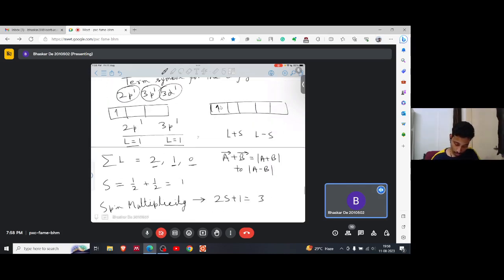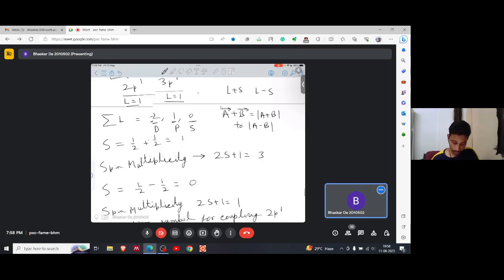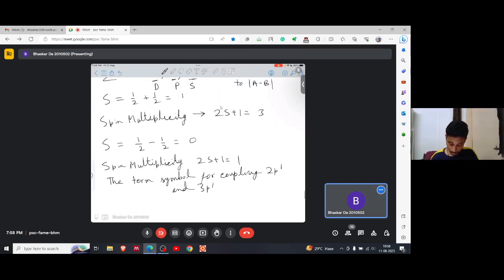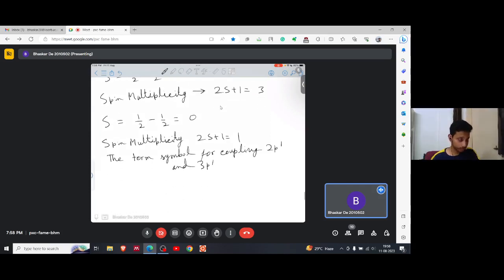So here the value of L equals 2, 1, 0, so 0 is S, this one is P, this one is D. And then the values of 2S plus 1 are 1 and 3.